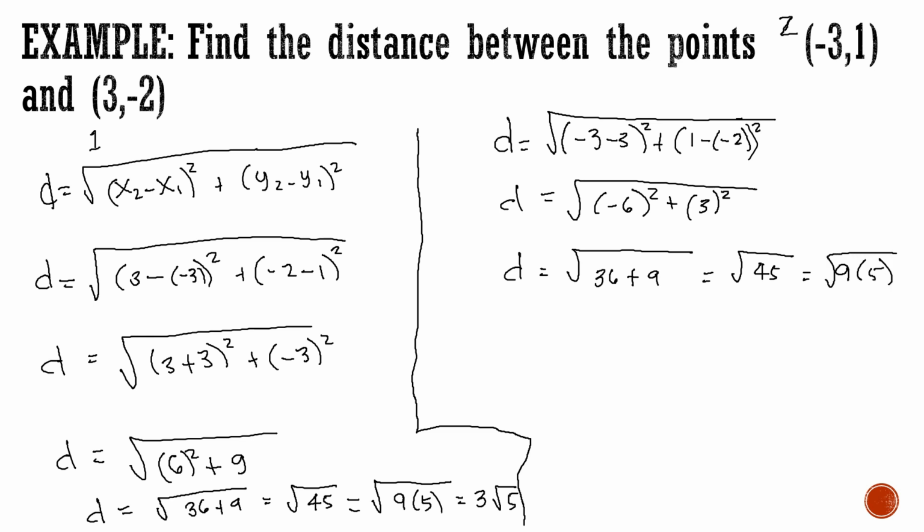Tama? Therefore, D is equal to 3 square root of 5. We get the same answer whichever way. So the distance formula does not affect. Observe that the order in which the points are taken is immaterial. Okay, I hope this will help.